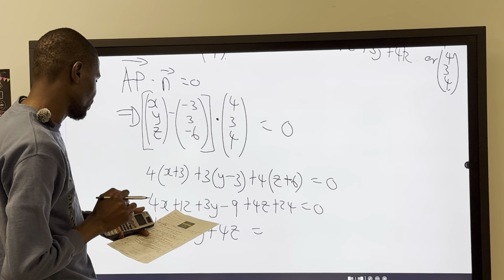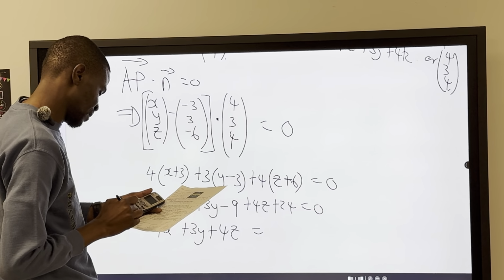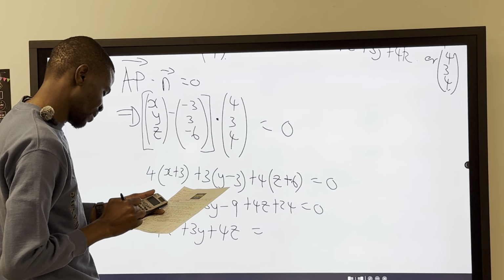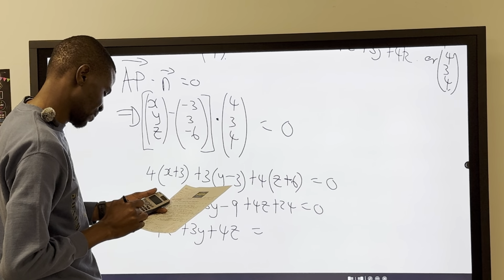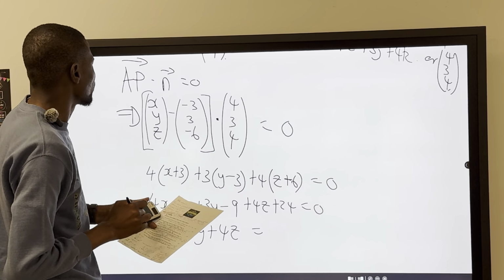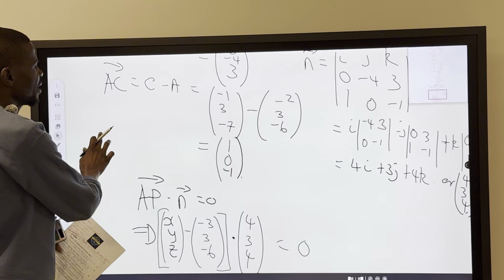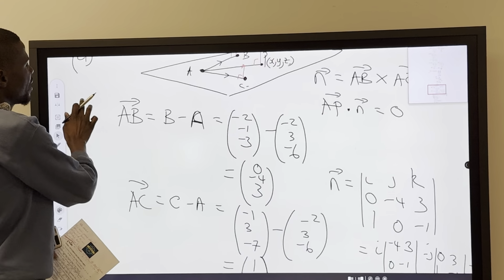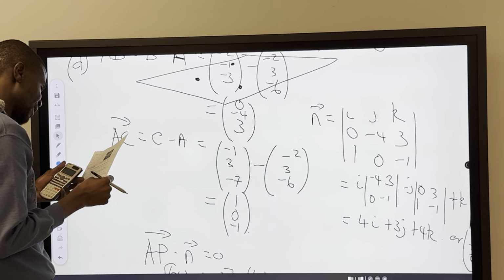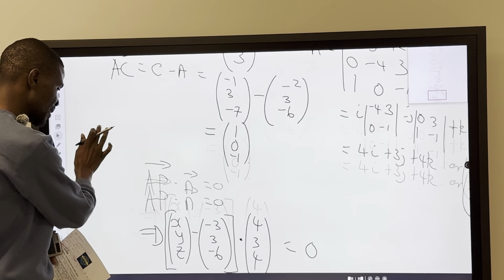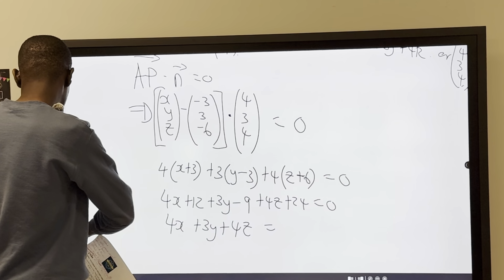Let's see. Because it's supposed to be x plus 2. What is my point A here? Let me go back to A, I'm sorry. Our A from where we studied here is negative 2, 3, and negative 6. No problem.